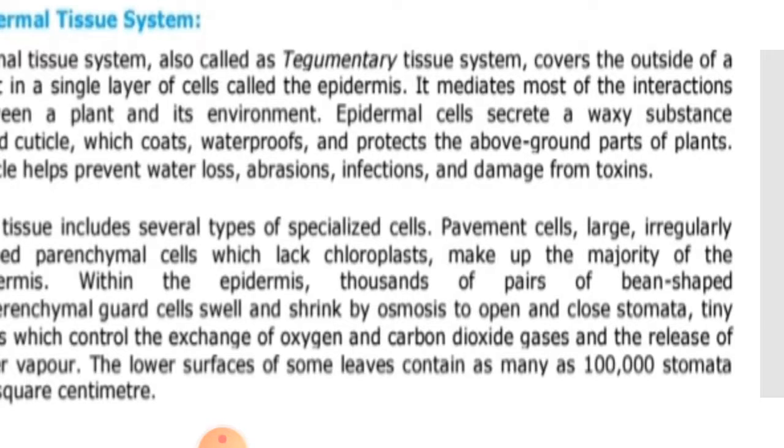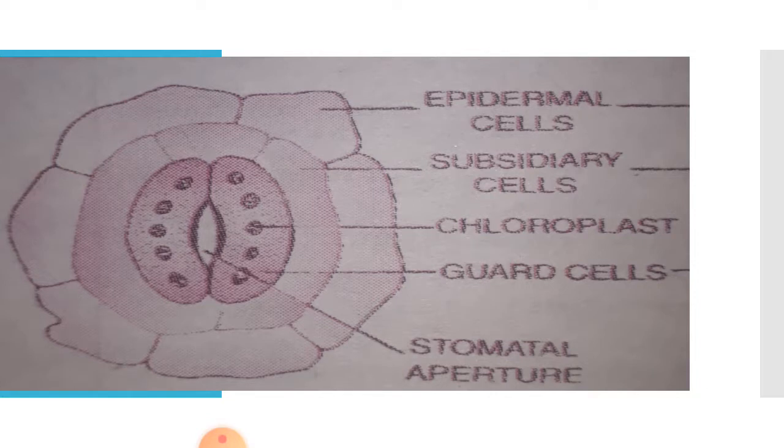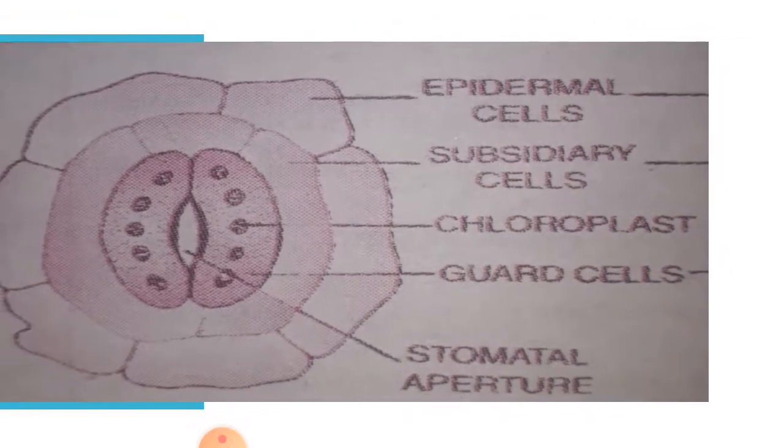So far as stomata are concerned, they are present in the epidermis, and provide a medium for exchange of gas and other materials. It has two guard cells which open and close the stomata. Here it is epidermis, the epidermis cells, the outermost covering in case of plant cell.